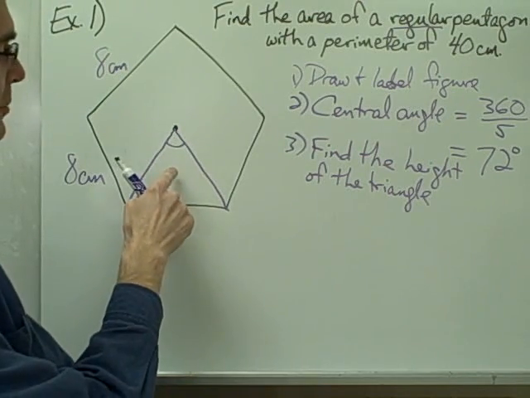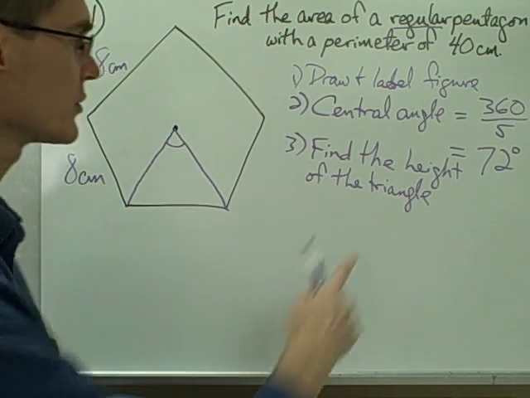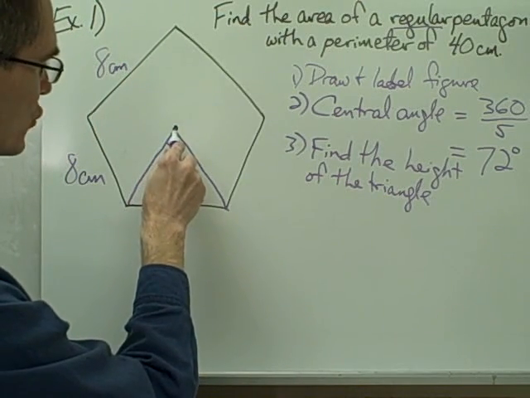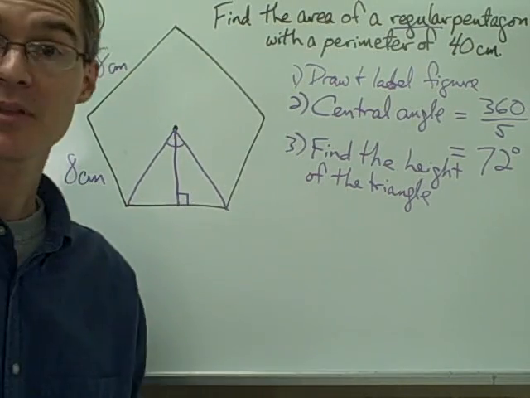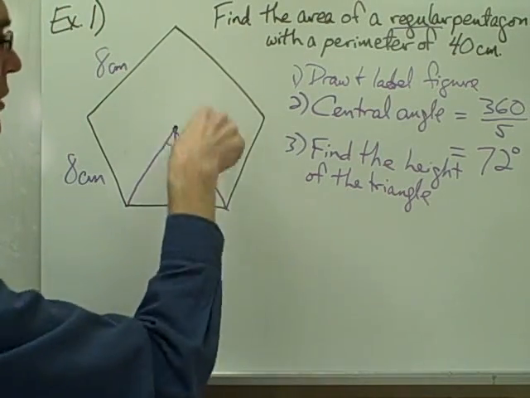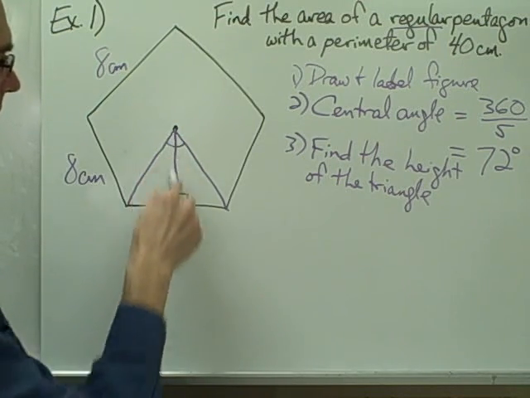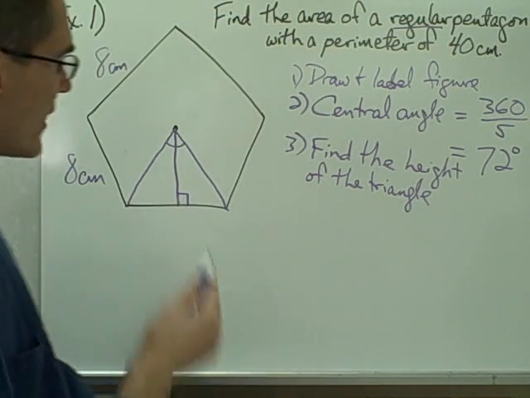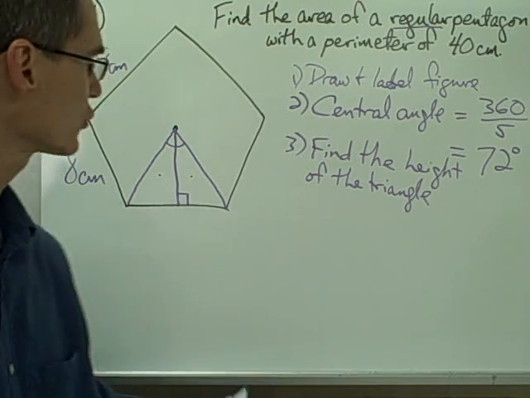Then once I find it, I'm going to multiply it times 5, because I have a total of 5 triangles. The height of this triangle is also the apothem of the regular pentagon. And notice when I draw my altitude, or my height, in this triangle, I divide it into two congruent triangles.